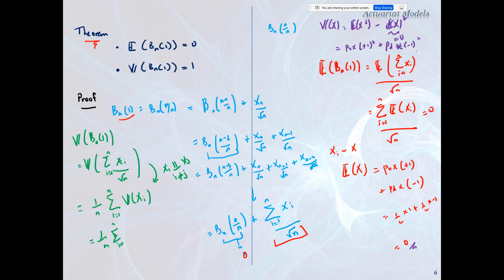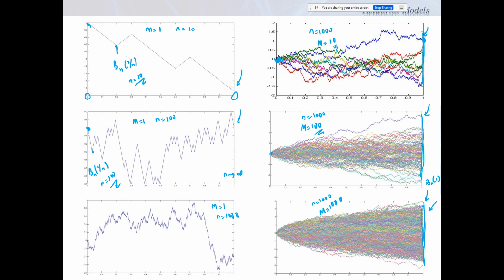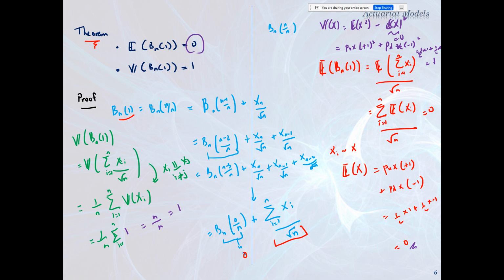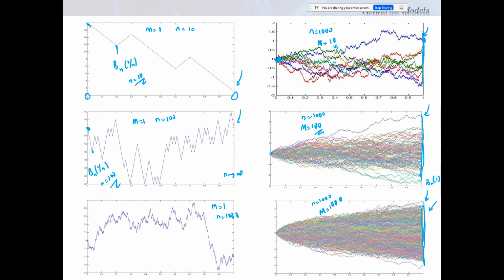So it becomes half times 1 plus half times 1, which is 1. So the summation of 1 from i equal to 1 to n becomes n over n, which is 1. So we see that Bn1 has 0 as mean and 1 as variance.